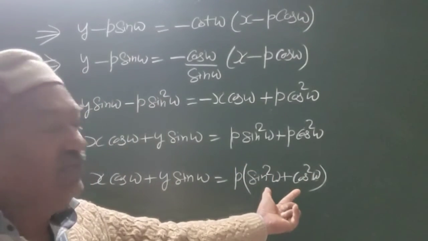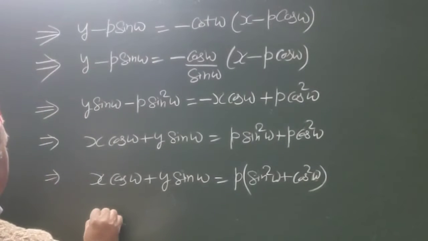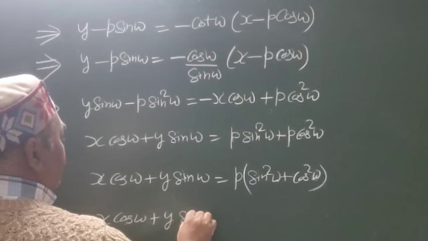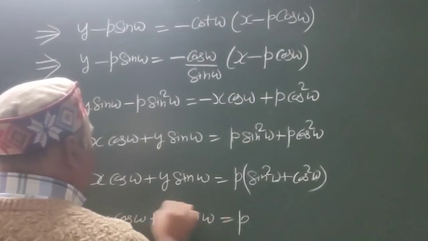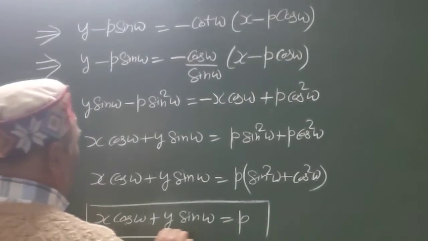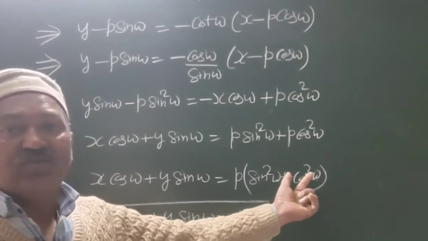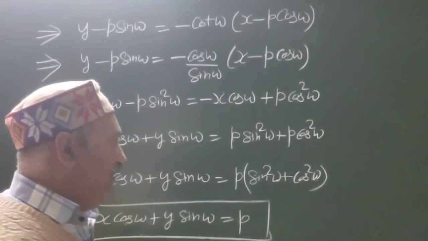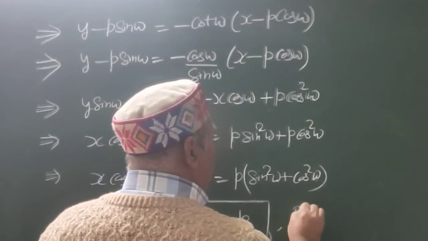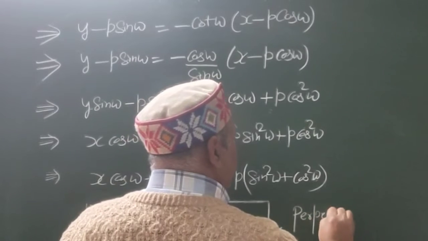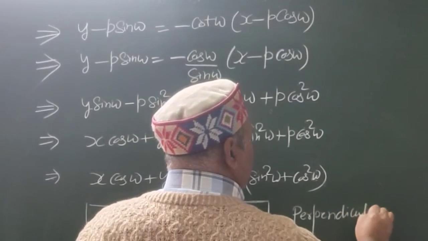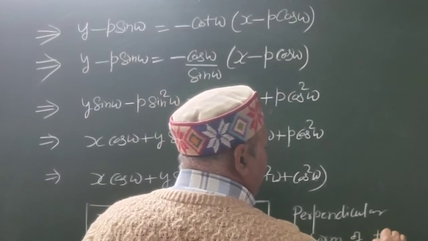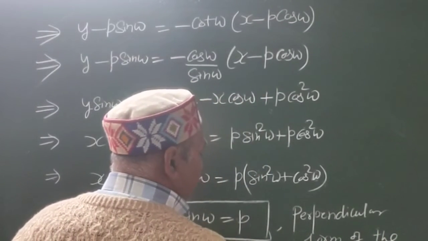And we get the perpendicular form as x into cos omega plus y into sine omega is equal to p, because sine square omega plus cos square omega is an identity whose value is 1, which is the perpendicular form of the equation of straight line.